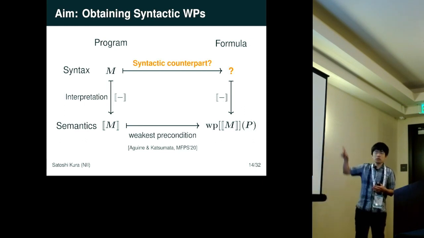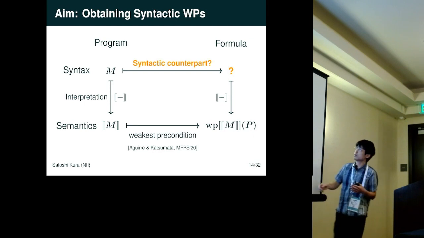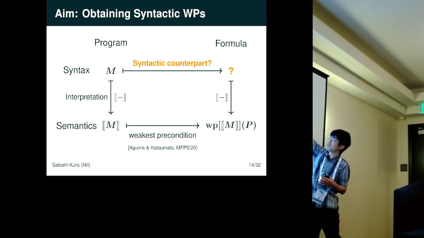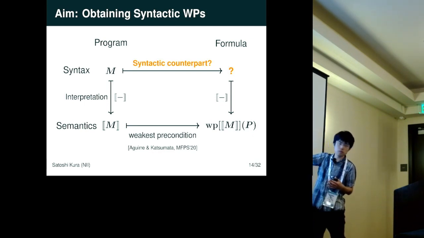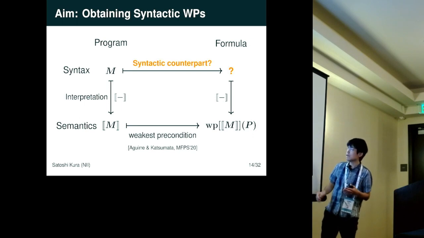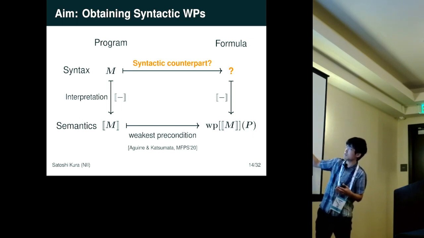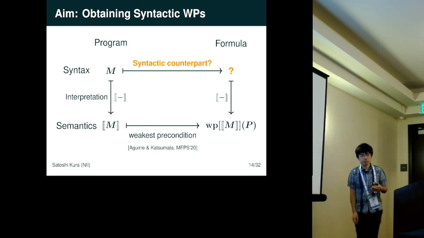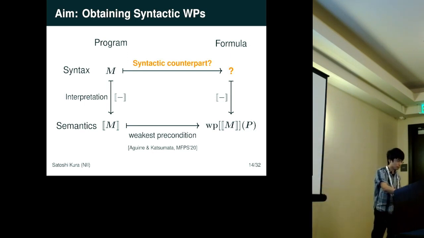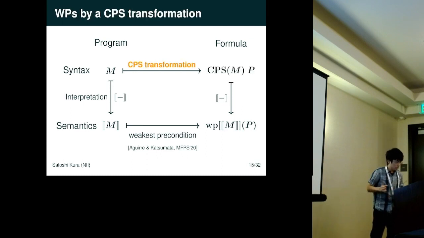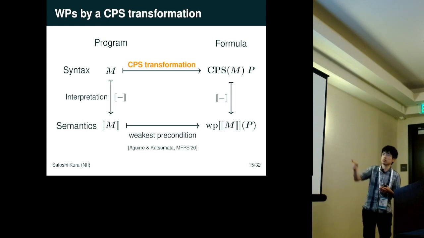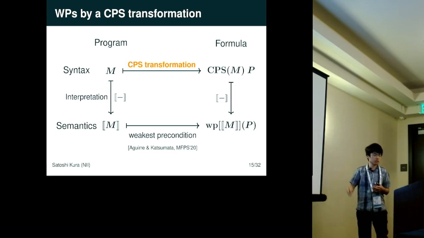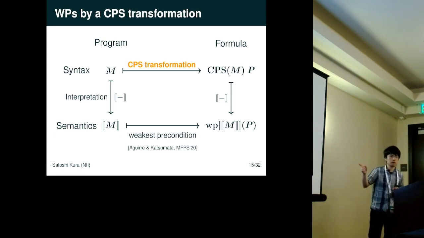And it is expected that the syntactic weakest precondition and the semantic weakest preconditions are equal up to interpretations. And we show that a CPS transformation is the syntactic counterpart of the generic weakest preconditions. And this gives the first half of our result.